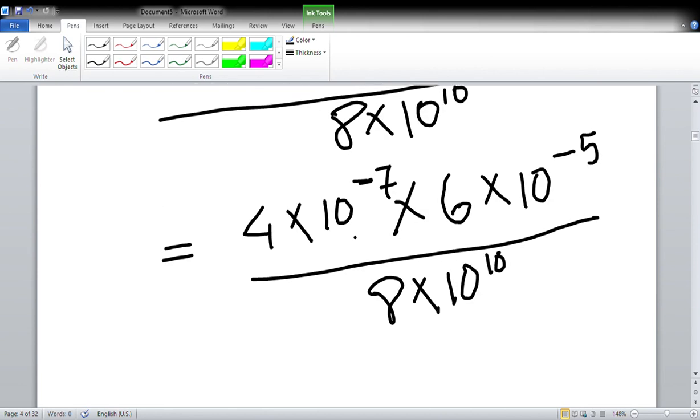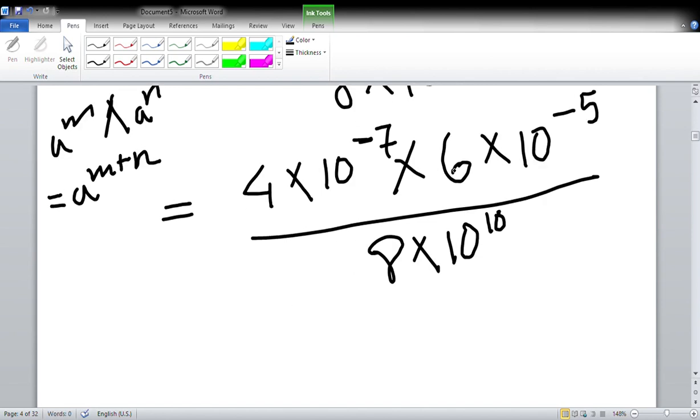If the base is the same, we can make an addition on the power side. Before, we said that if a to the power m is multiplied by a to the power n, both the base is the same, the base is a, so you can write it as a to the power m plus n.